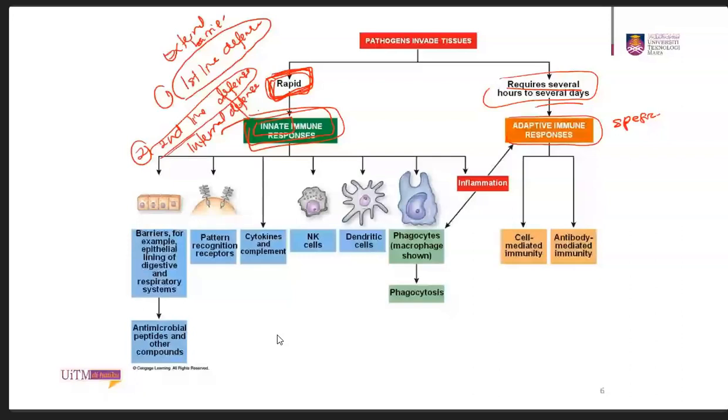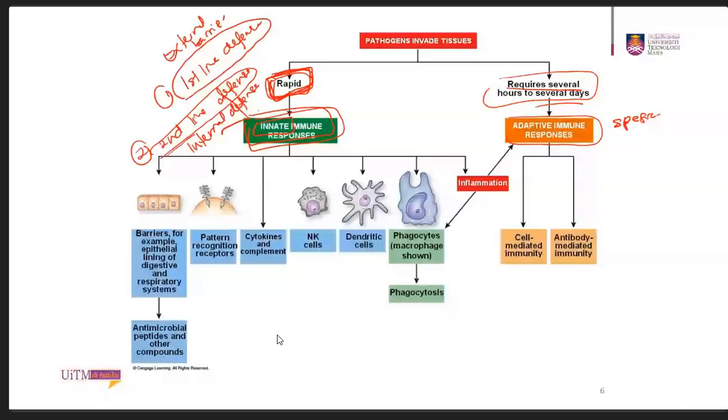Okay. So if you look at the orange, still adaptive immune response, dia terbahagi kepada dua tadilah: cell-mediated immune response, and also antibody-mediated immune response. Antibody, kita boleh slashkan dia sebab ada dalam slide tadi kan?